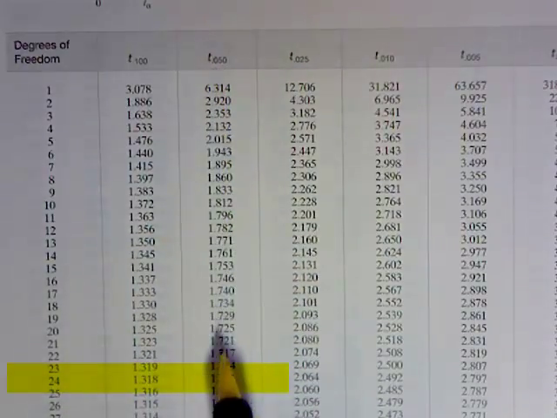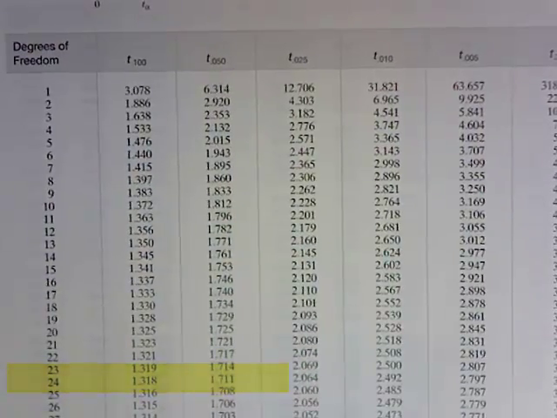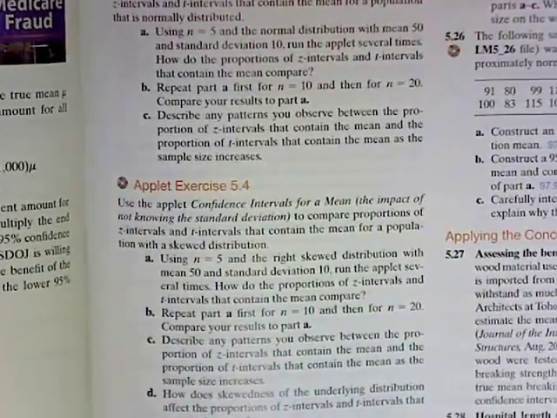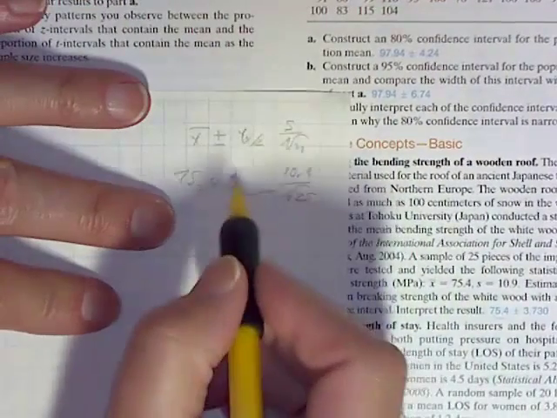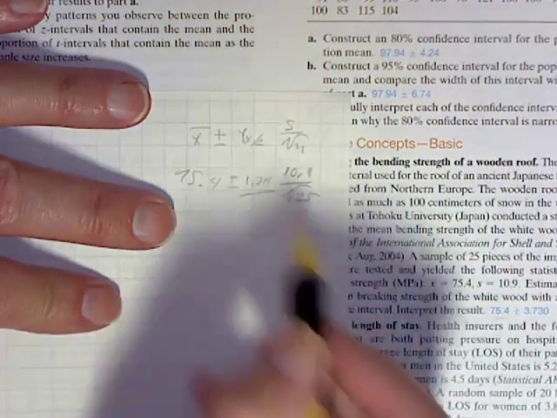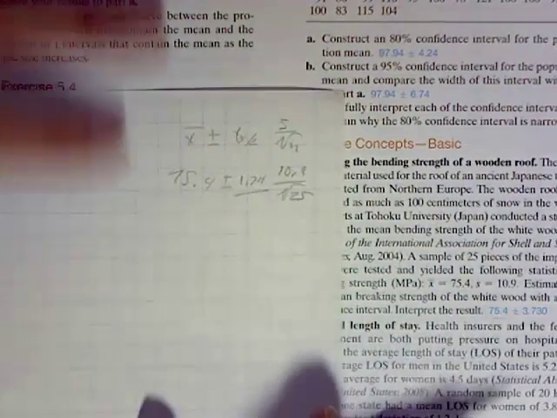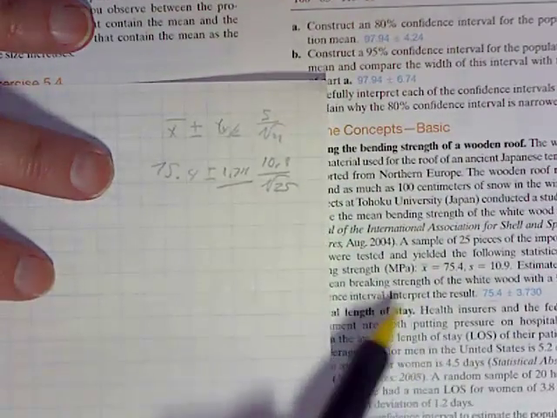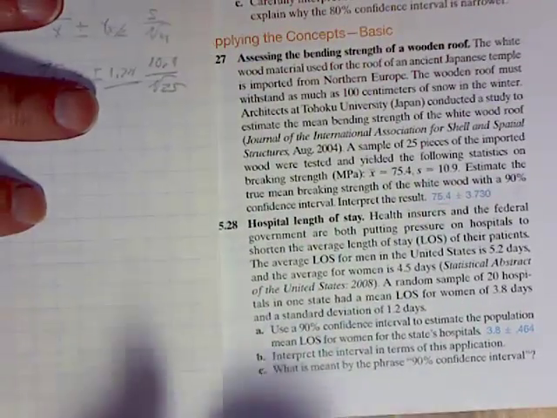And if we go down, that is 1.711. That's corresponding to 24 degrees of freedom. And so 1.711 is the number that goes in here. And if you multiply that out, you would get 3.73.